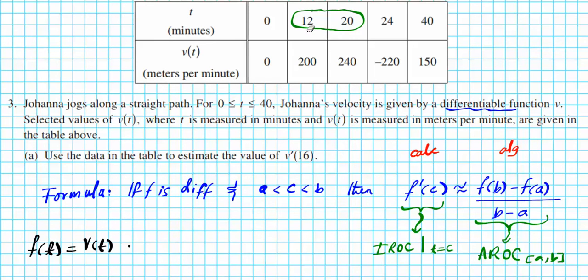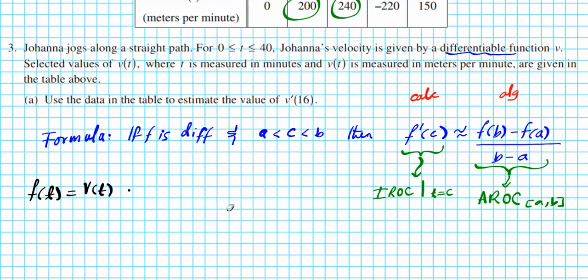All right, so these are going to be our a and b values, and this would be f(a) and f(b). We have a and b right here because 16 is somewhere dead in the center. So let's write that down. a is 12 and b is 20. That's our interval. And c, what we're approximating the instantaneous rate of change about, is 16.